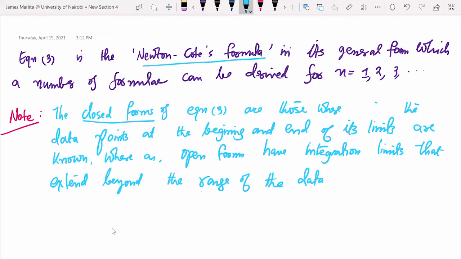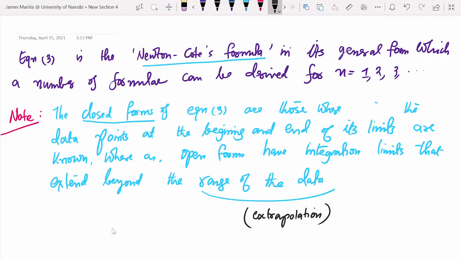So if they are outside or beyond the range of the data, then for the purposes of evaluation, this will require a little bit of what is called extrapolation. But we are not interested in that for now.